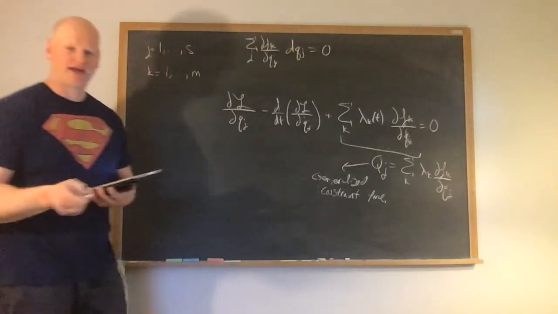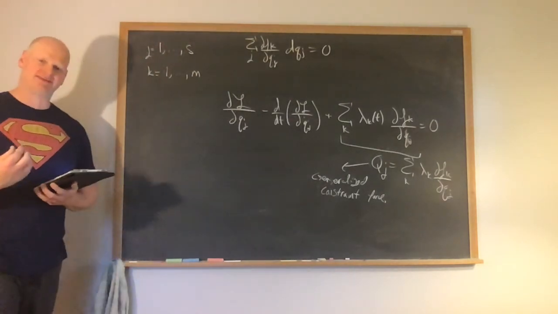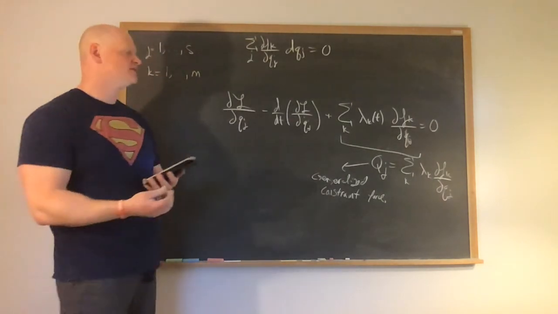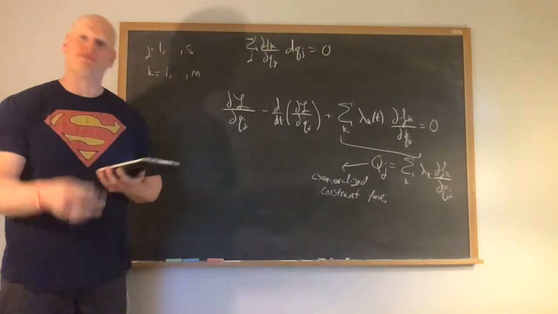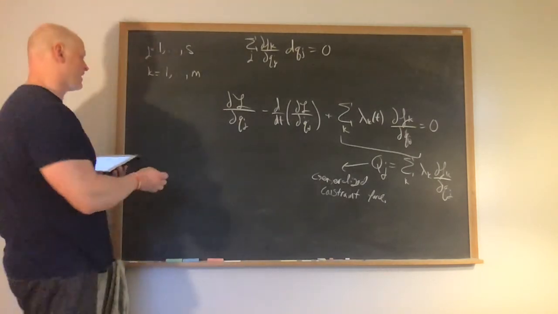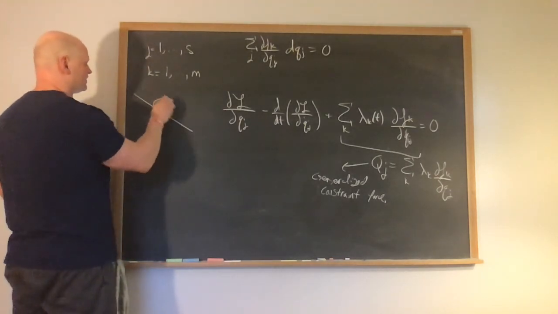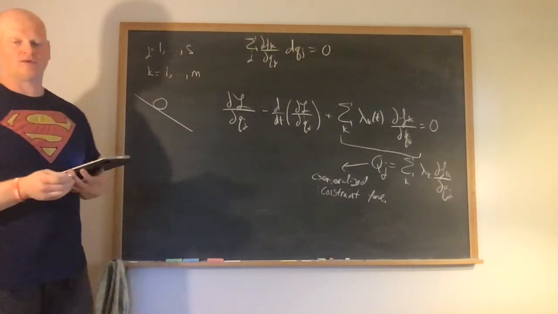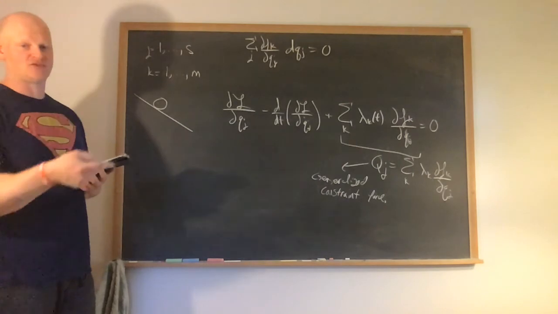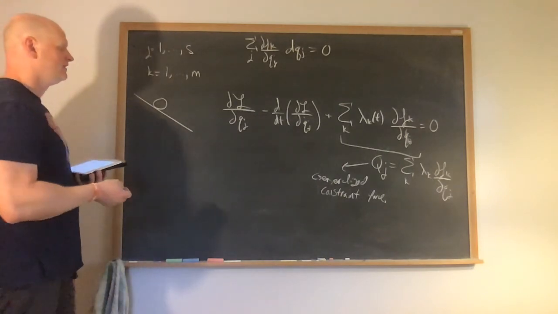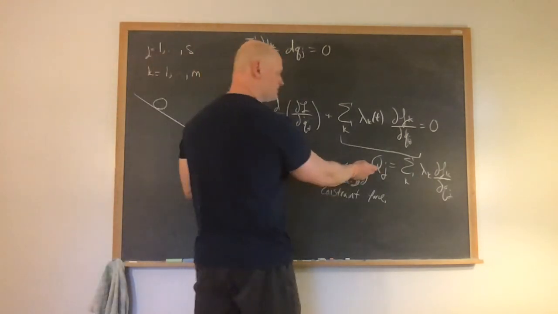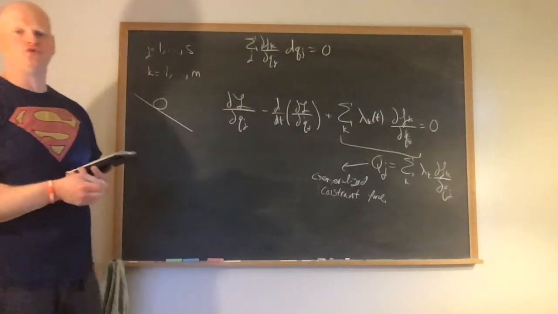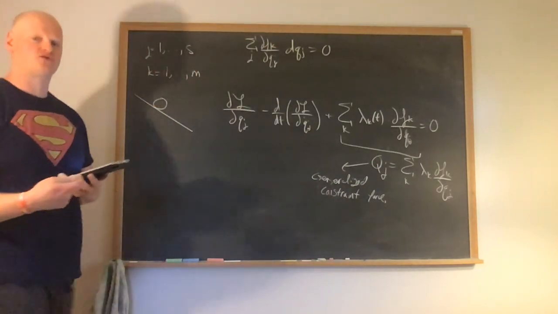Now, the nice thing about Lagrangian mechanics is we don't necessarily have to know what the forces are, but sometimes it's nice to know what those forces are. So for example, if I had something rolling down without slipping across here, and I want to know what the force was which was causing that thing to rotate, in this case that force will simply be given by this Q term, or again, this generalized constraint force.